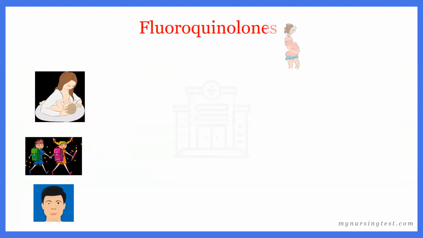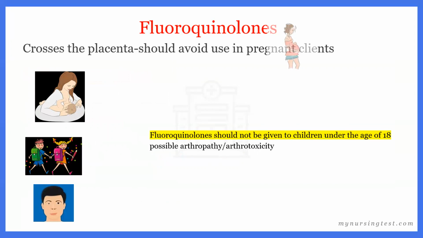There are some people who should not get fluoroquinolones, and we want to avoid it in pregnant clients. We want to avoid it in clients who are breastfeeding, and we also want to avoid fluoroquinolones in children under the age of 18 because there is a possibility again of this Achilles tendon rupture, so it can affect the tendon and the cartilage in developing children.